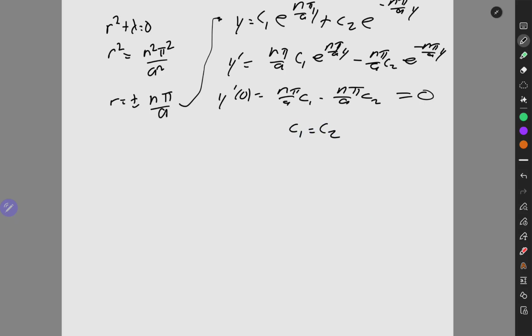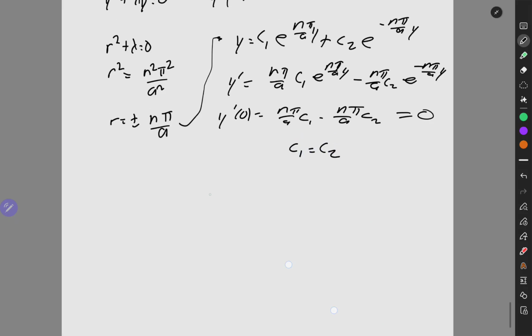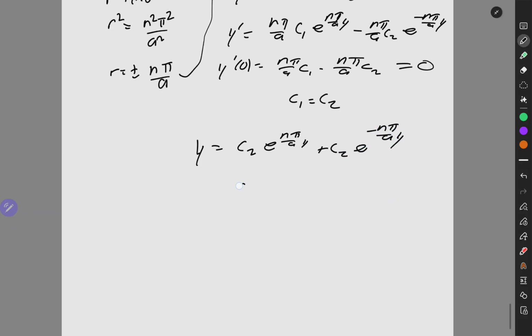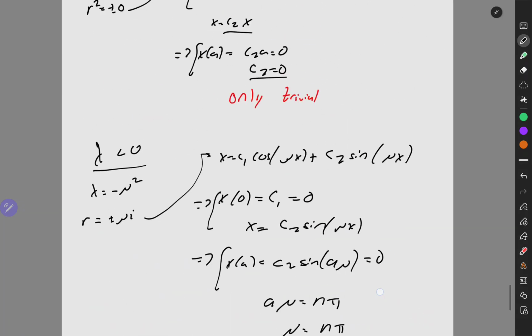I think that's great. So then y is equal to c2. You can plug in for either one. Pull out the c2.